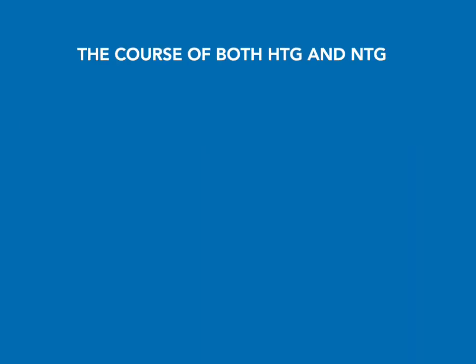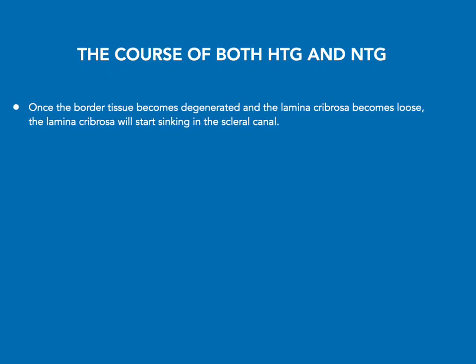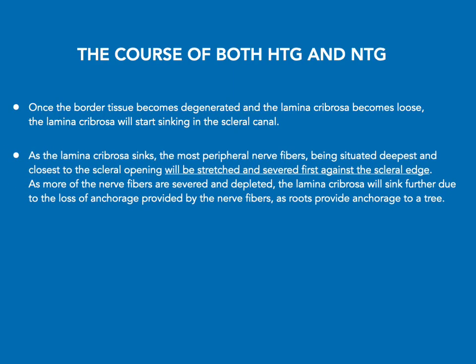So what is the course of both HTG and NTG? Well, once the border tissue becomes degenerated and the lamina cribrosa becomes loose, the lamina cribrosa will start sinking in the scleral canal. As the lamina cribrosa sinks, the most peripheral nerve fibers being situated deepest and closest to the scleral opening will be stretched and severed first against the scleral edge.